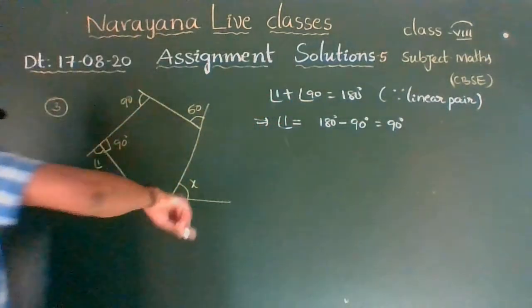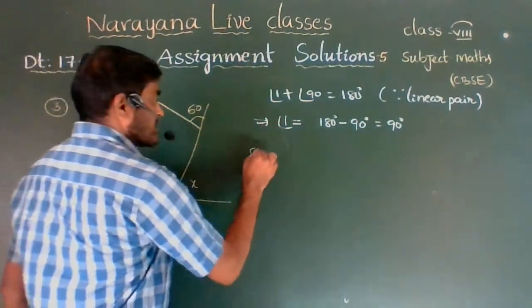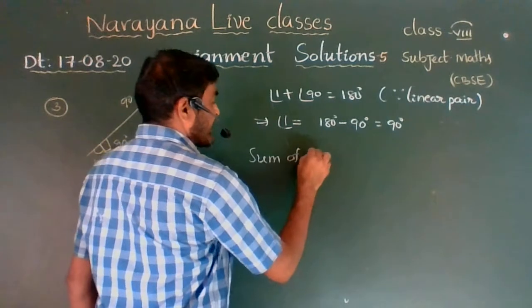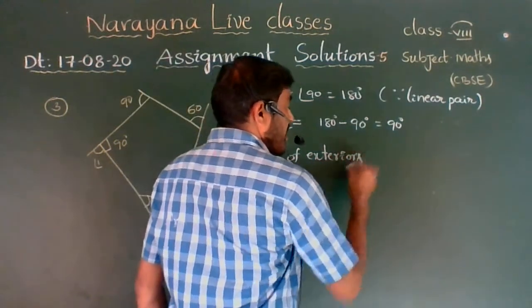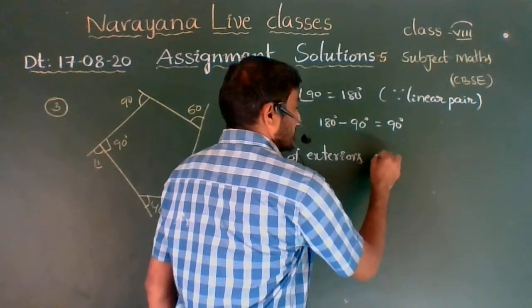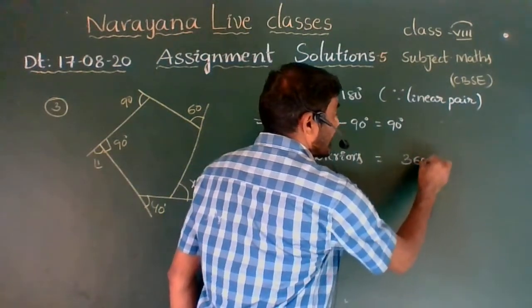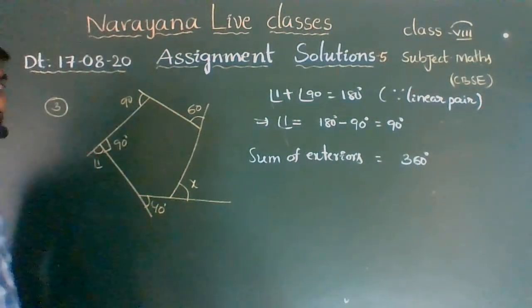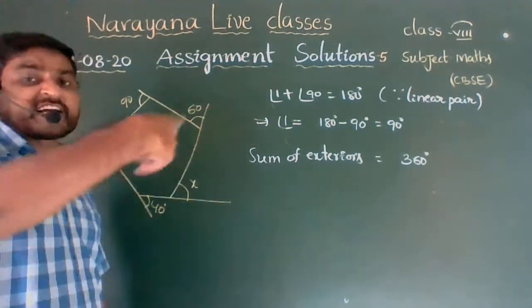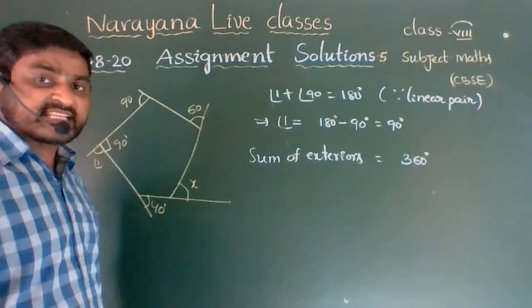Now coming to the point, the sum of exterior angles of a polygon is equal to 360 degrees. So here we have 5 exterior angles, so it is a pentagon. The sum of exterior angles of any polygon is 360 only.